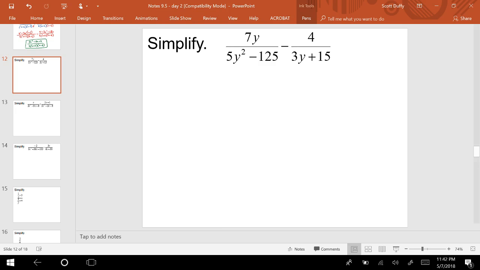Factor out the bottom. So you have 7y on top. Factor out a 5. You're left with y squared minus 25. The y squared minus 25 is a difference of squares. So instead of y squared minus 25, you can have y plus 5 times y minus 5.